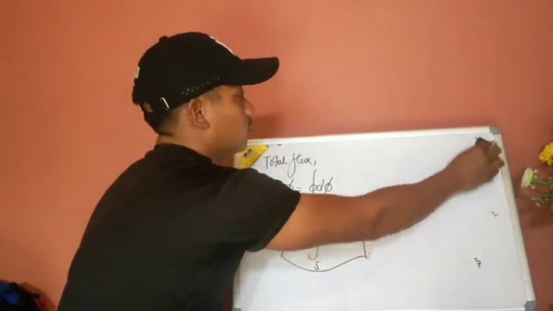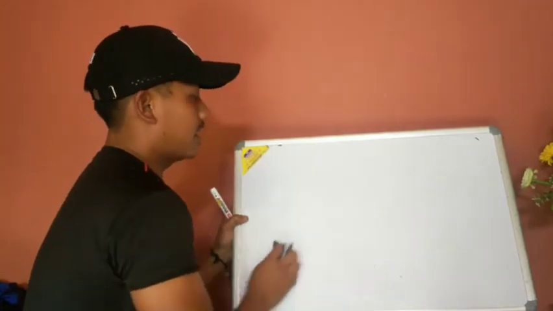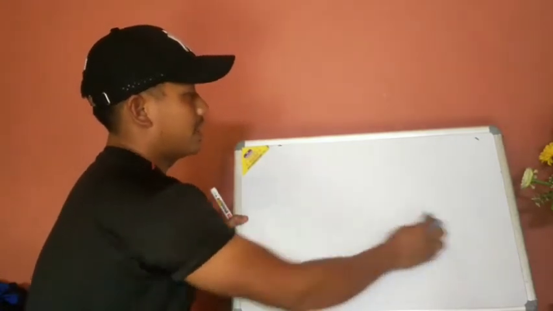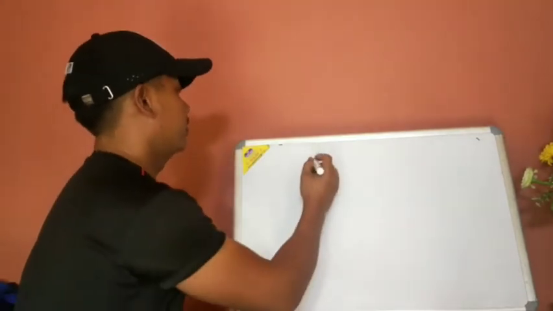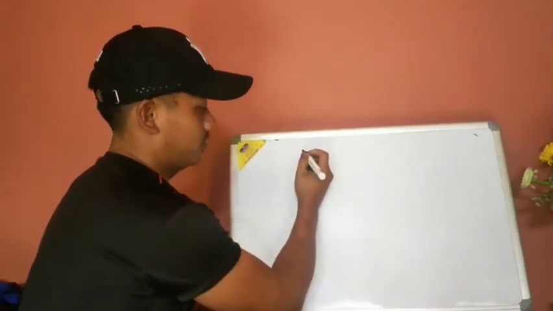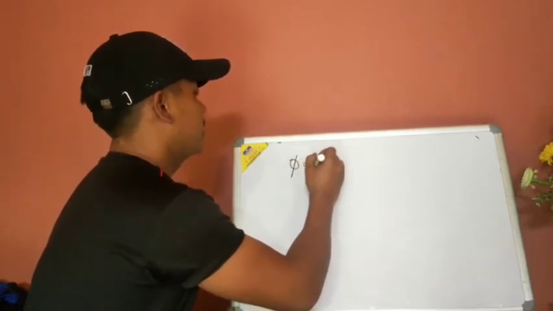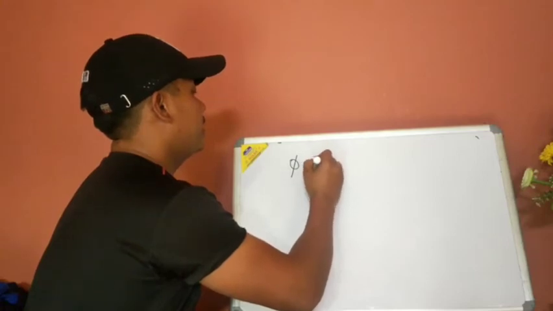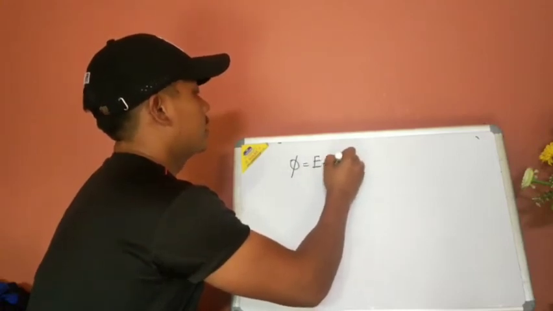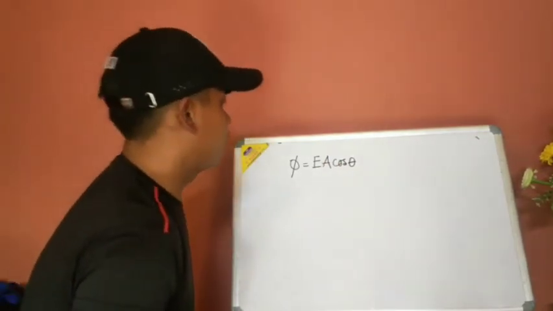Then let us see what is the SI unit of phi, and whether it is a scalar or a vector. Phi, as you know from the first definition, is equal to E A cos theta.